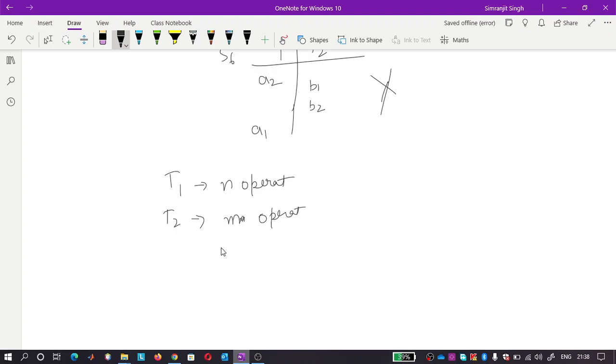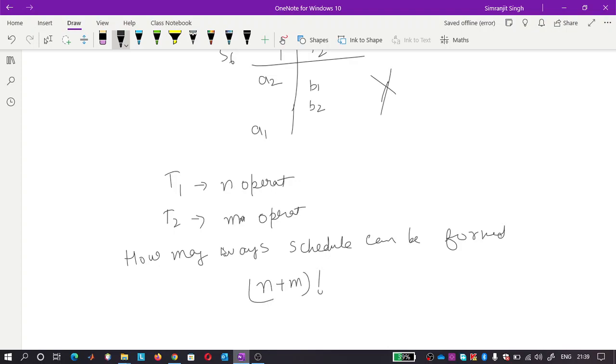The question is how many schedules can be formed, how many combinations of schedule. It is (n plus m) factorial divided by n factorial times m factorial.